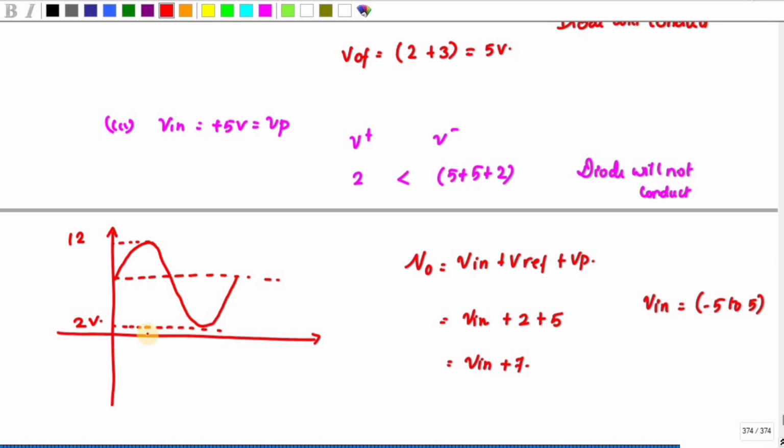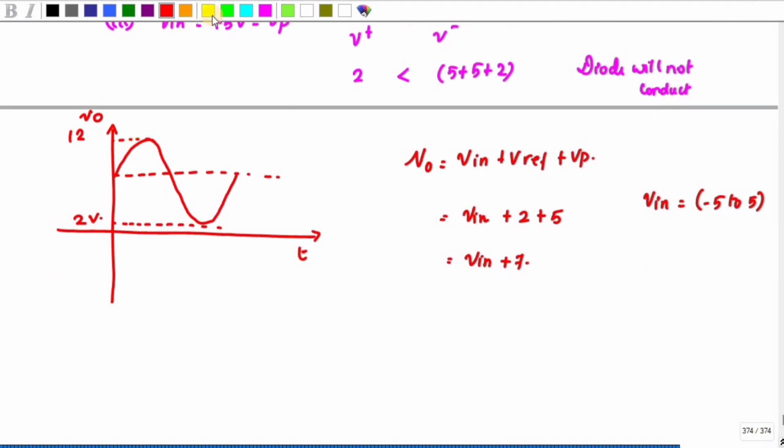This is my V0 versus T, and this is my input signal, 5 and minus 5.